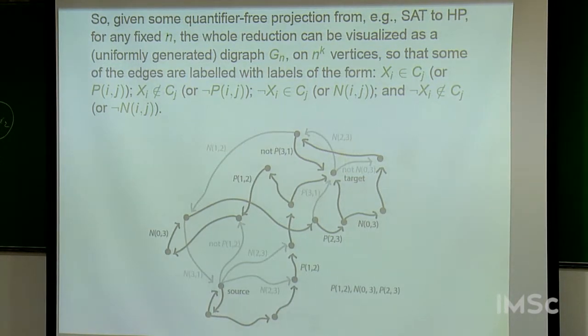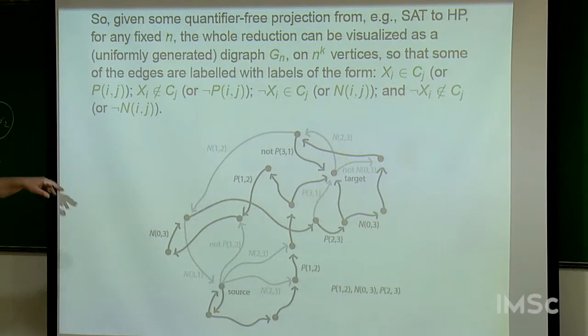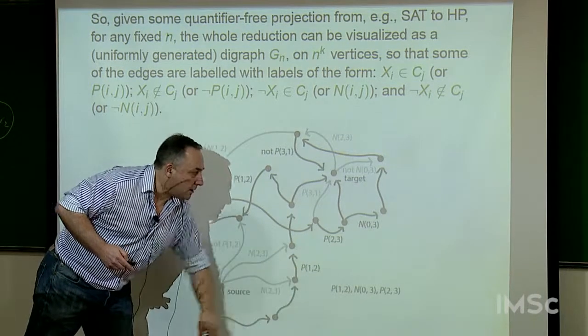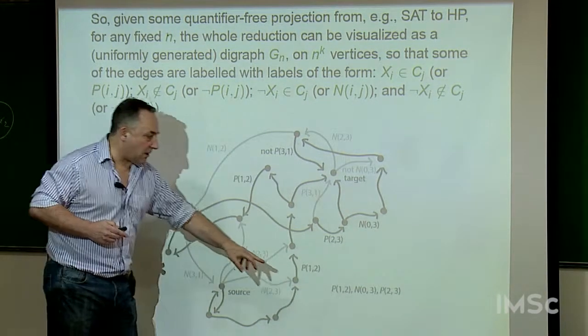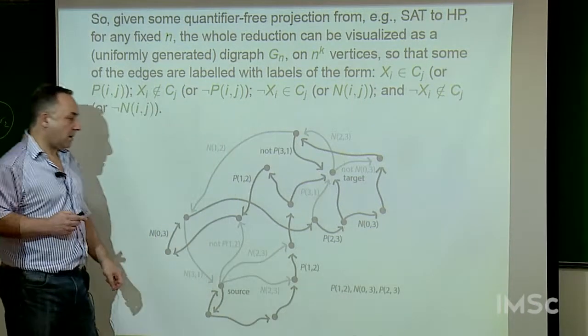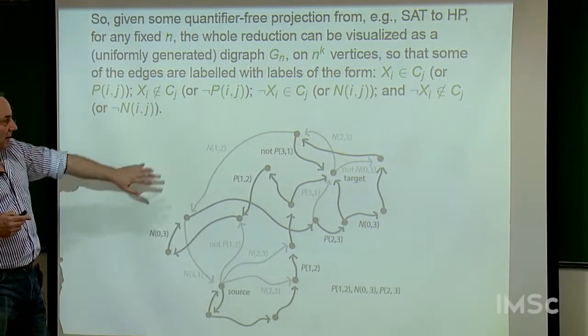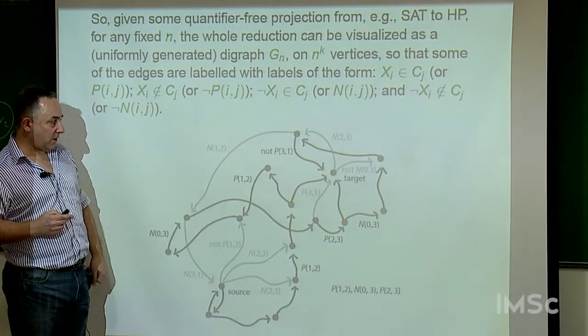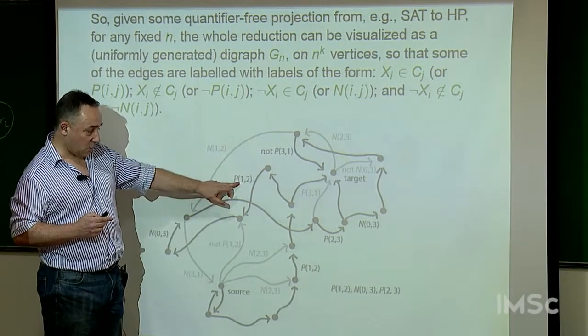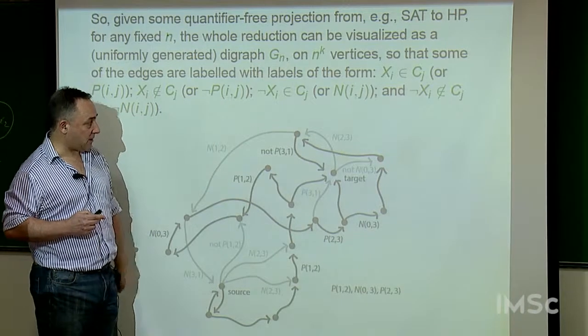So for example, with that description there, maybe I've got this structure. These are just toy examples to show you how this works. Maybe you've got this source instance of satisfiability. Well, this edge wouldn't exist because the label isn't true in the structure. This edge would exist because the label is true.